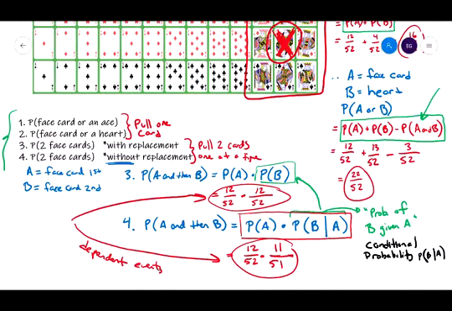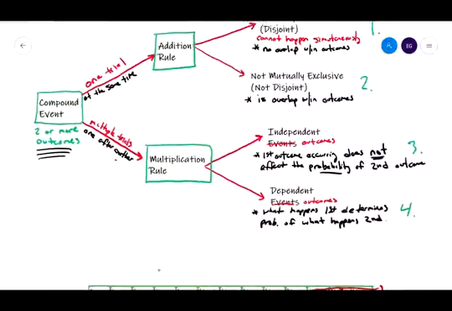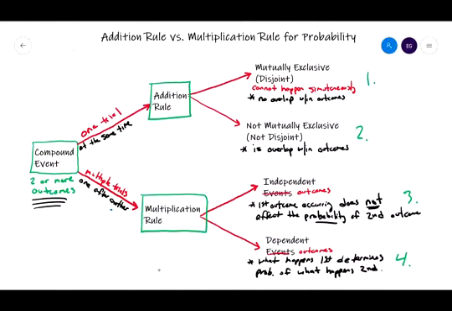Okay, so that about does it for this video. So let me scroll back up to the very beginning. I think this is where we started. The most important thing here was right here. Are these outcomes happening at the same time?